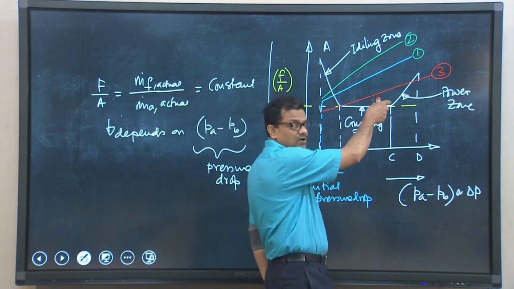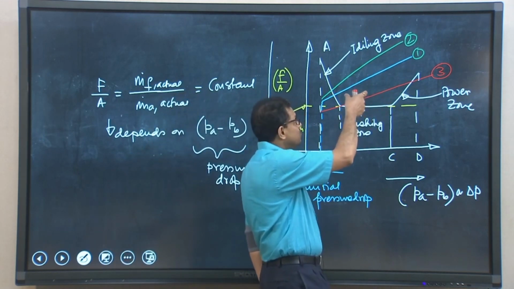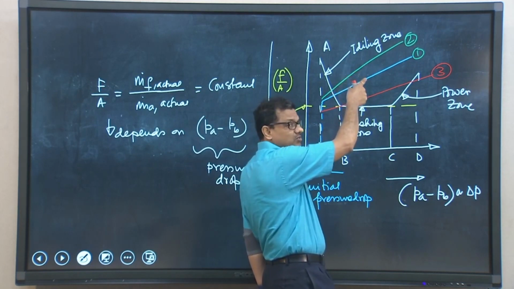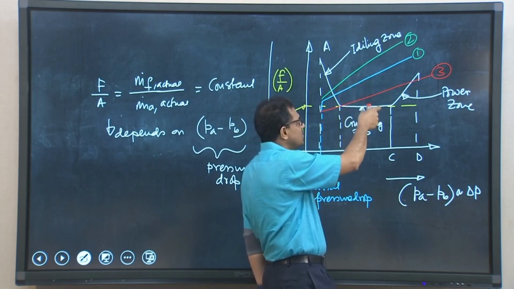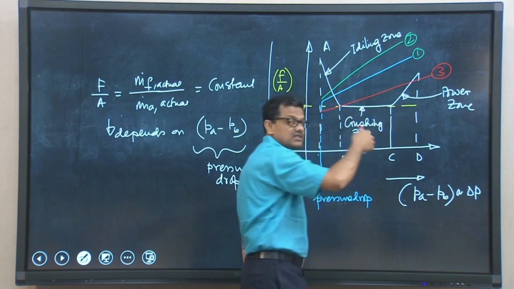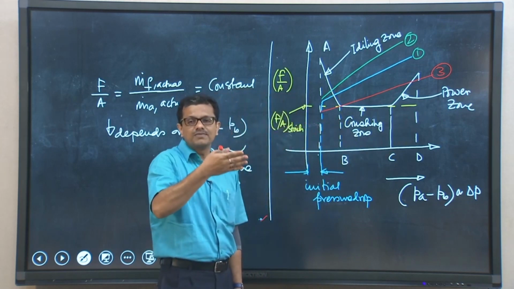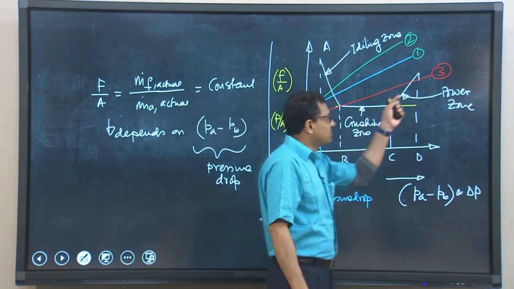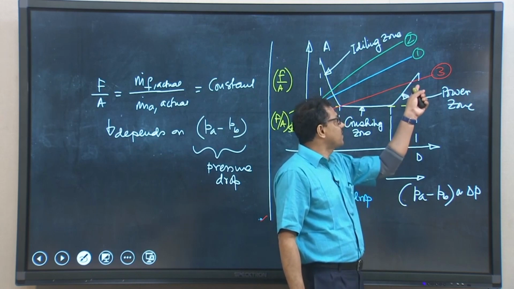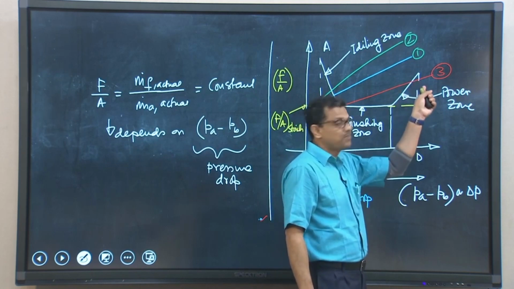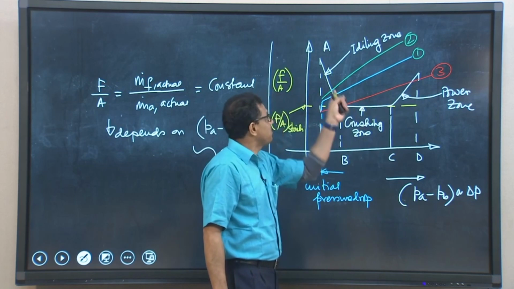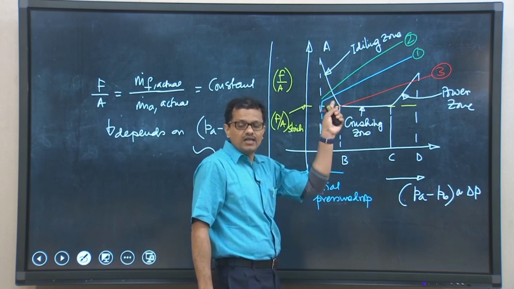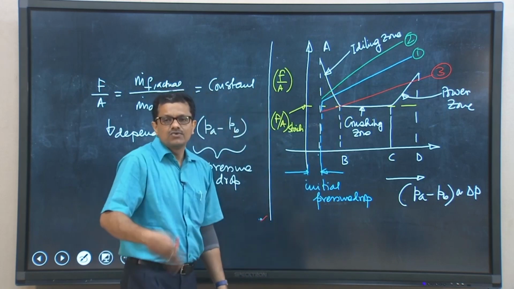So, if a simple float type carburetor is adjusted to supply fuel air ratio during idling zone, the same carburetor would supply fuel air ratio during cruising zone and power zone that is far too rich mixture than the required mixtures. On the other hand, if a simple float type carburetor is adjusted to supply fuel air ratio which is needed for the power zone, the same carburetor will supply fuel air ratio during idling zone that is far too lean from the required ratio.